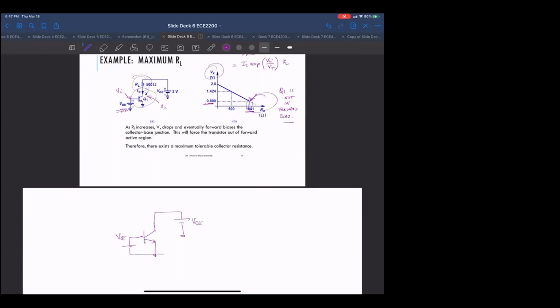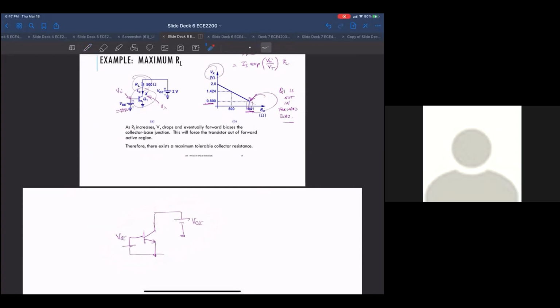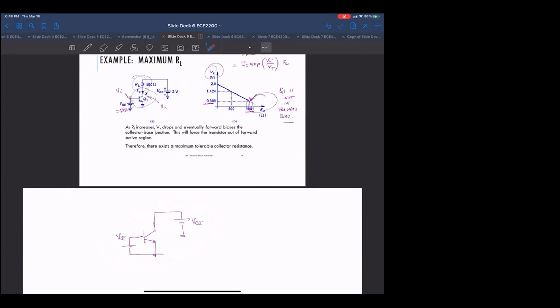Yeah. So now in this case, you have forced this node to be a certain voltage, and you have forced this node to be a certain voltage. And now you can force this into being forward bias, like you're saying, or forward active mode. So what was your question?